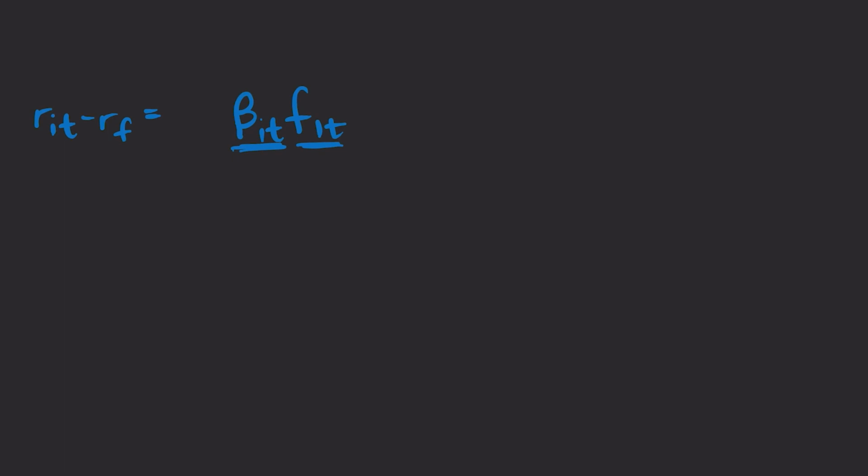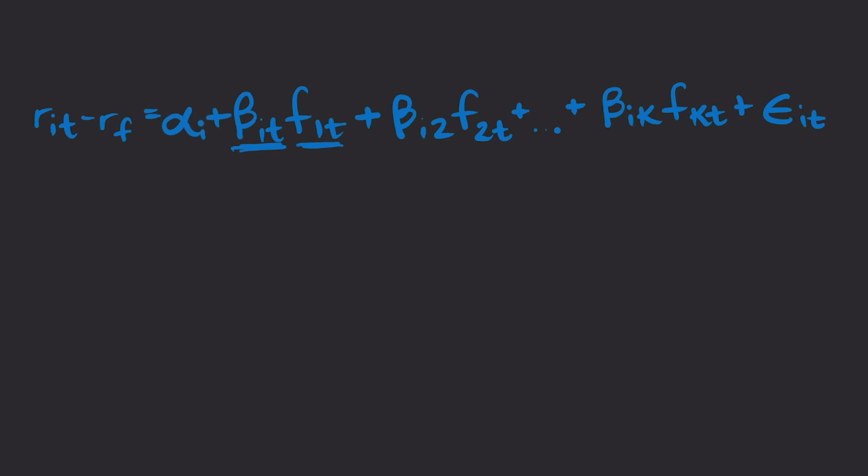We can generalize this by saying, rather than having a single factor, we can have multiple factors. So we can have up to, let's say, k factors that influence asset returns. We can throw this alpha in front of there. And each of these risk factors is going to be priced in.